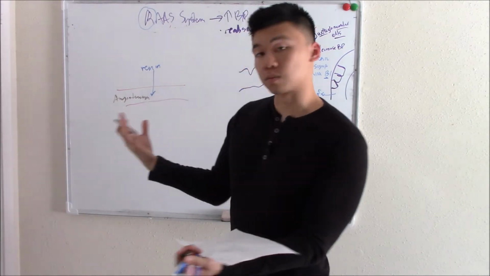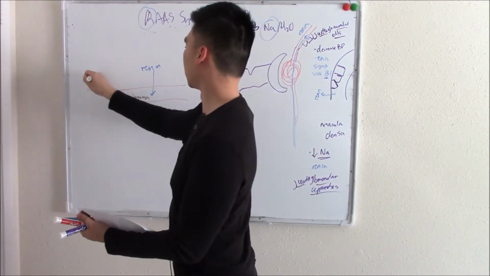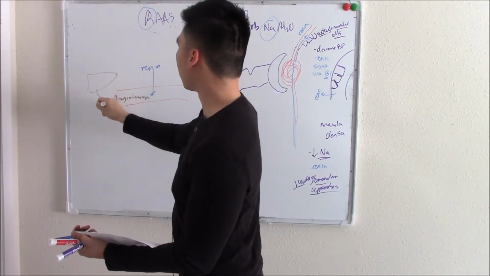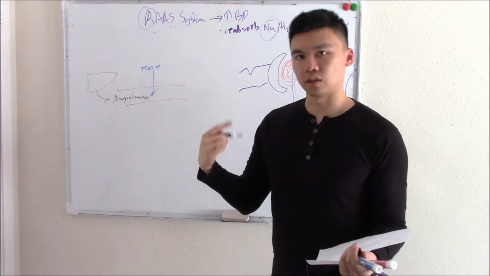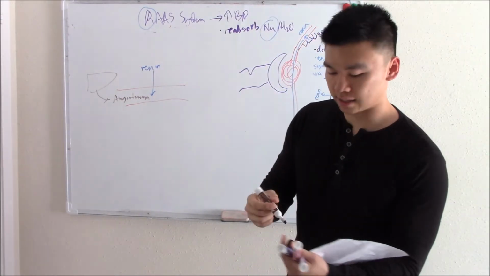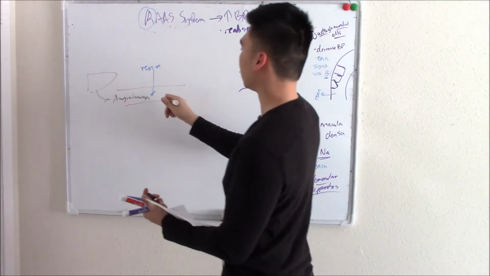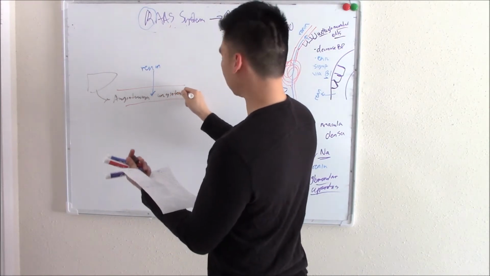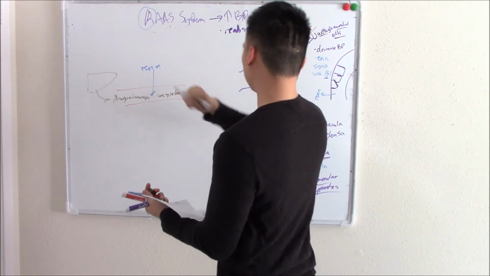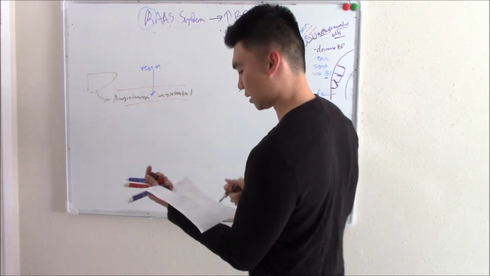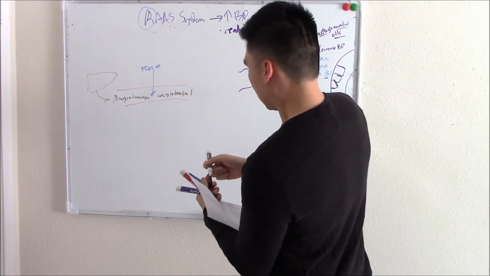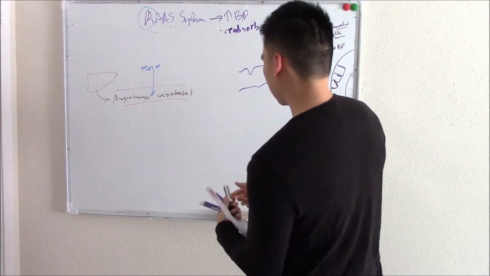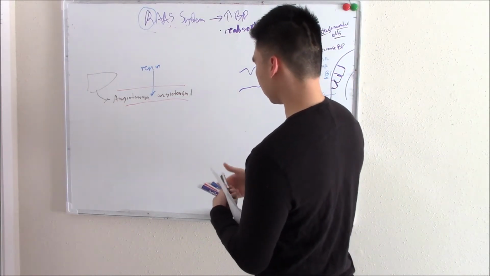Well, where do most proteins come from? It comes from your liver, all right? So your liver will just pump out angiotensinogen and it'll float around until it hits the enzyme renin. And when it hits the enzyme renin, it becomes angiotensin I. So it gets converted to angiotensin I. And now that will float around in your blood until it goes to your lungs.